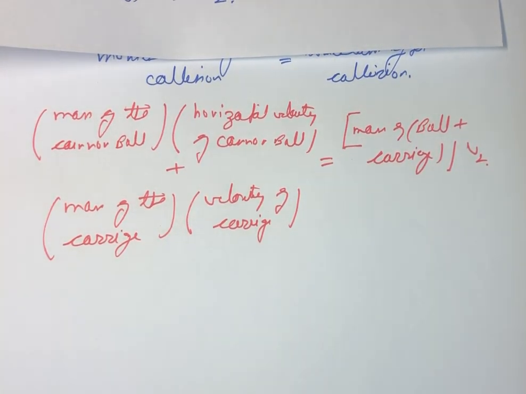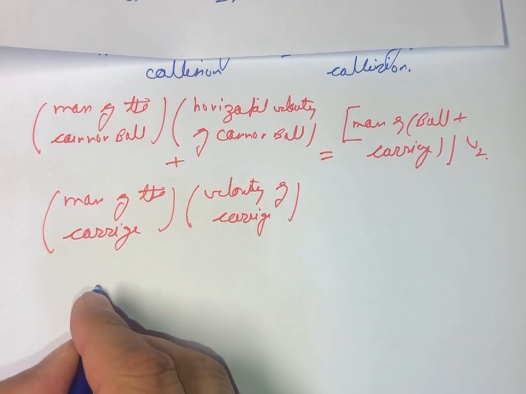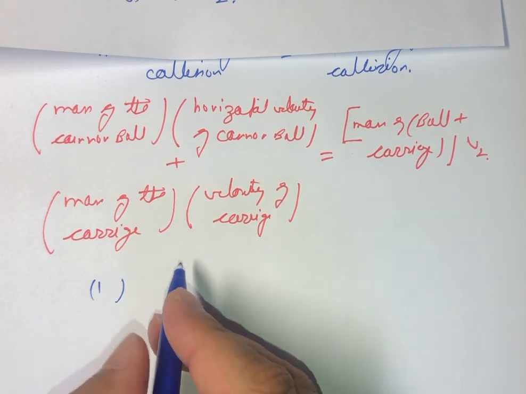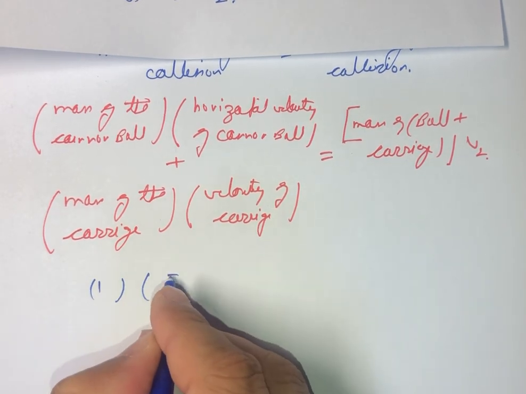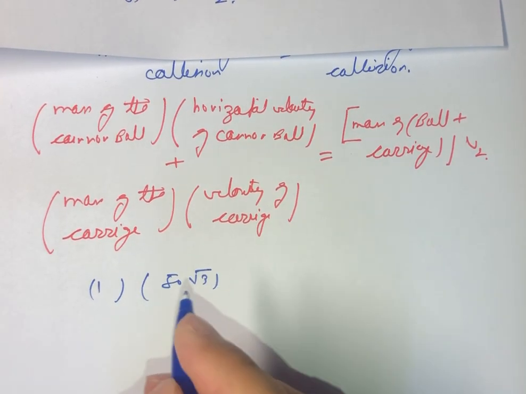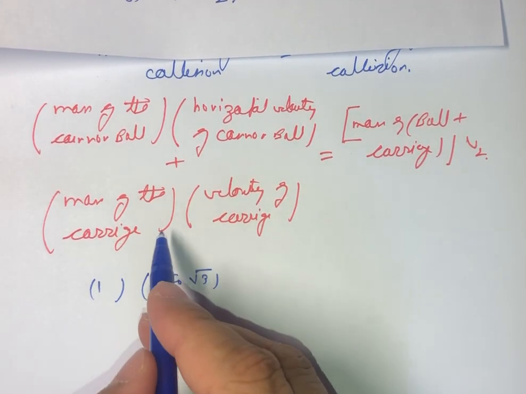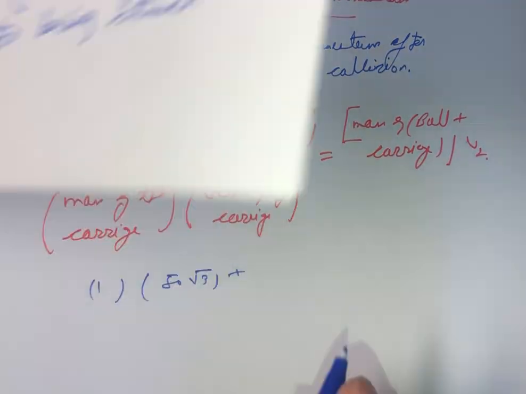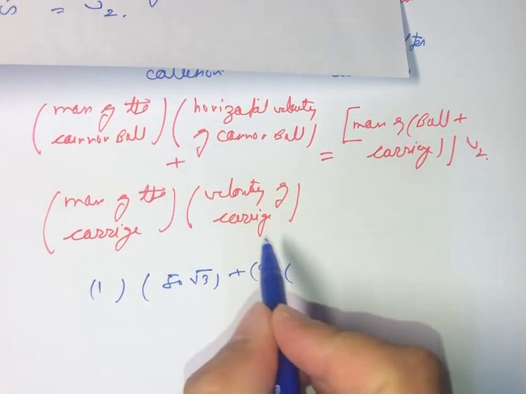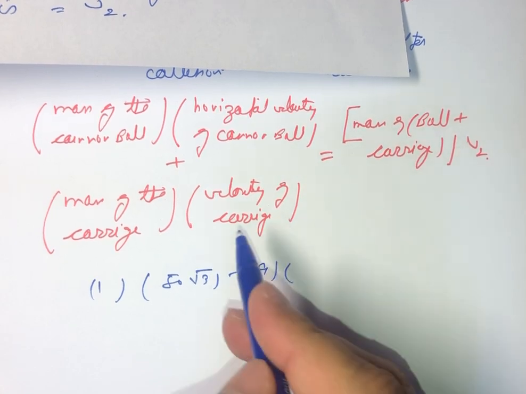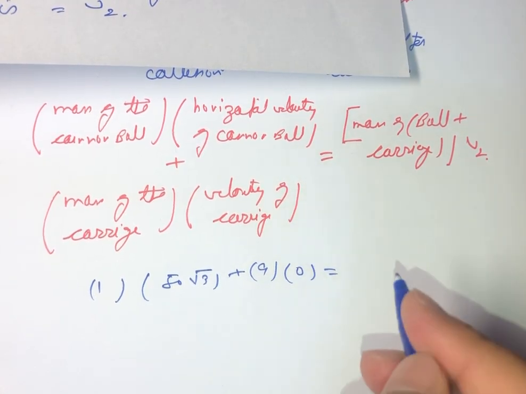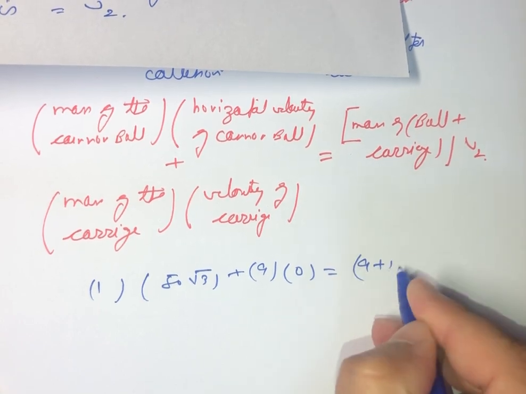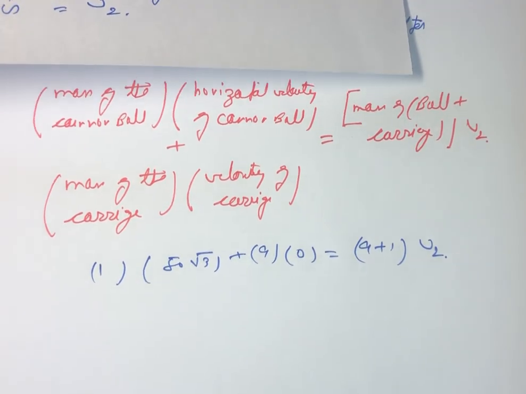And mass of the cannonball is given as 1 kg, and the horizontal velocity of the cannonball we already know is 50√3, and mass of the carriage is given as 9 kg, but initial velocity of the carriage is 0, which is equal to mass of the carriage and ball, that is 9 plus 1, multiplied by V2.